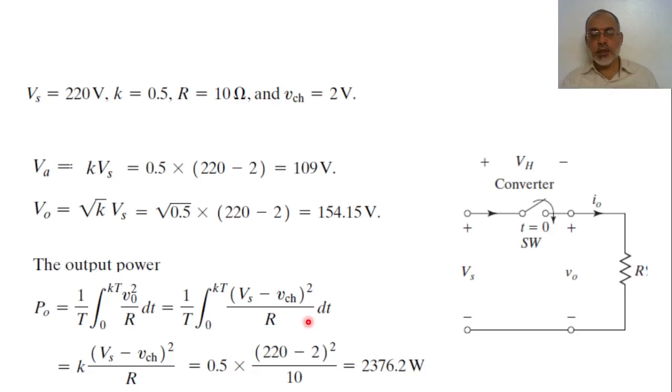By taking this integration, it would be kT multiplied by (V source minus V chopper) squared over R, multiplied by 1 over T. So it would be K (V source minus V chopper) squared over R. K is 0.5, V source is 220, V chopper is 2, and R is 10.